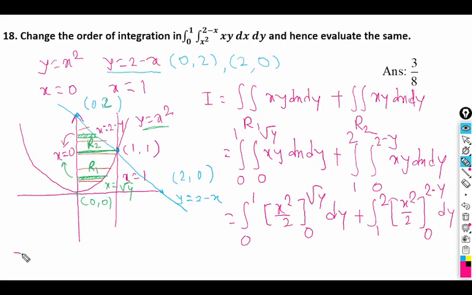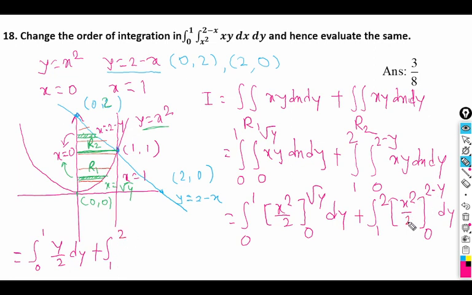For the next step, I'll write on this side. Now root y square means the square of root y, which is just y. So it is y by 2 dy, and the lower limit is 0, so no need to replace.